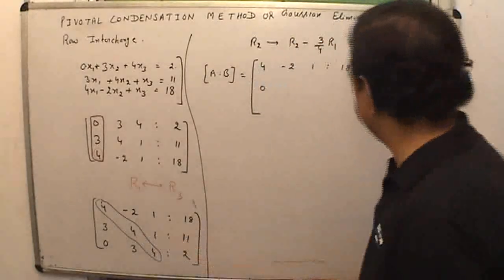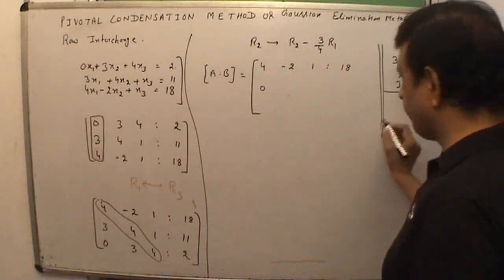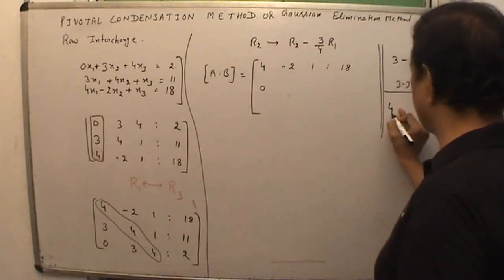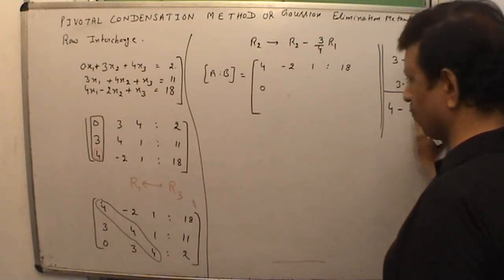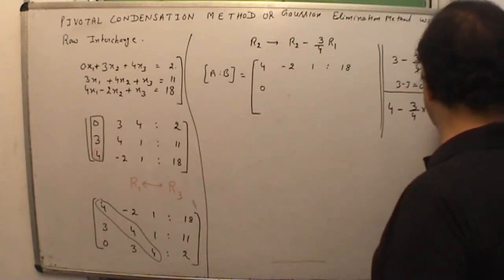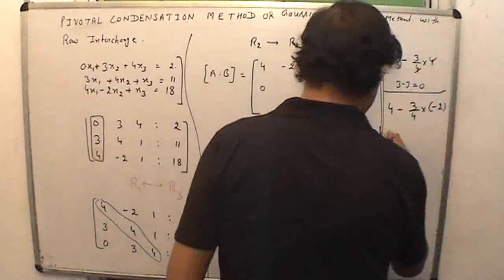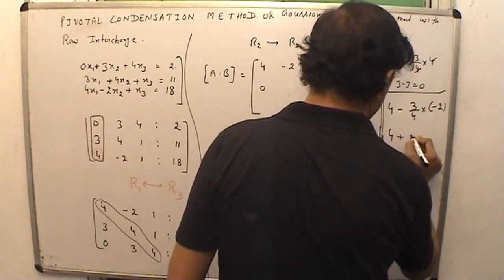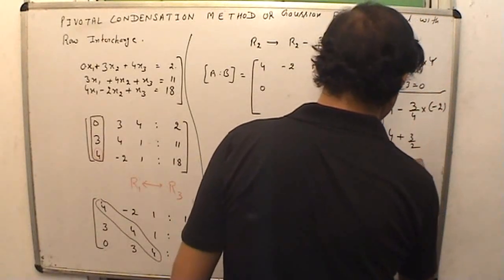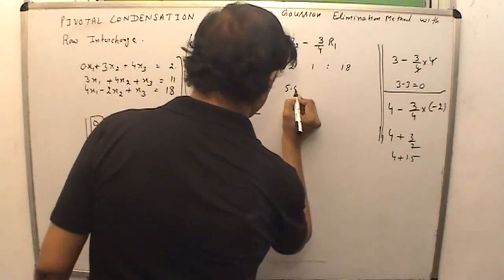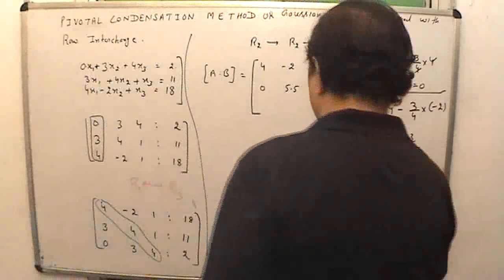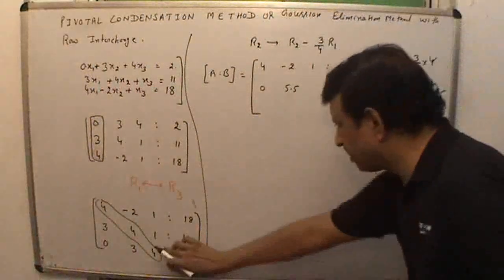Then for the next element we calculate 4 minus 3 by 4 into R1, which is minus 2, that is equal to 4 plus 3 by 2, that is 4 plus 1.5, that is 5.5. Now for the third element it is 1.